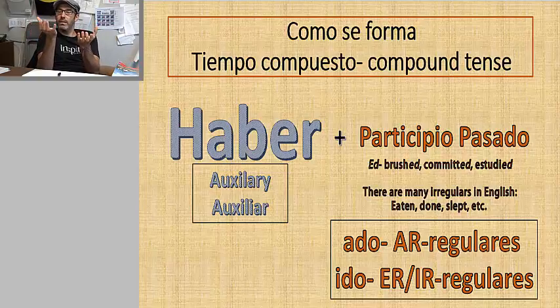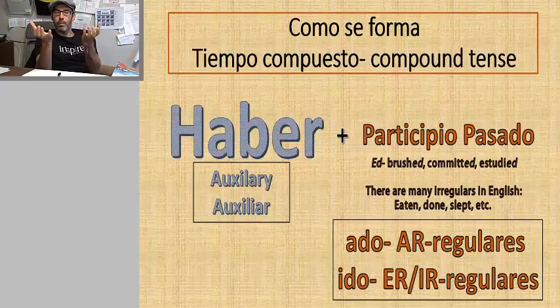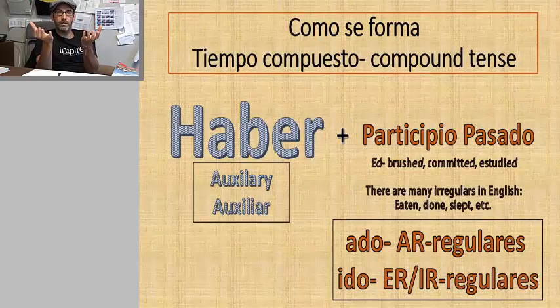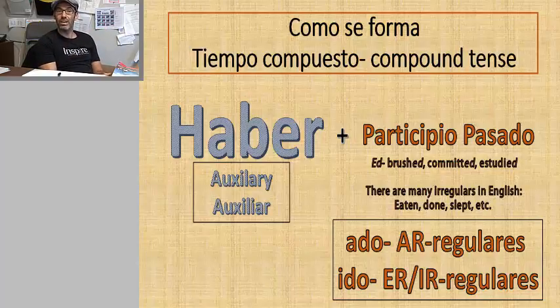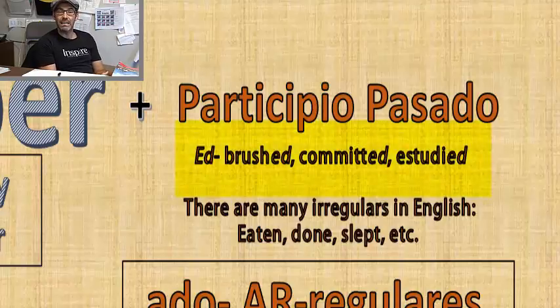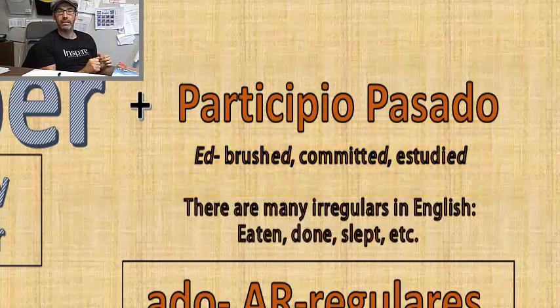And what we have, again, is the verbo auxiliar, verbo haber, plus the participio pasado of the verb that we're actually talking about or putting into action, which is a past participle in English. And remember that the past participles are those conjugations that end in ed in English, such as brushed or committed or studied.